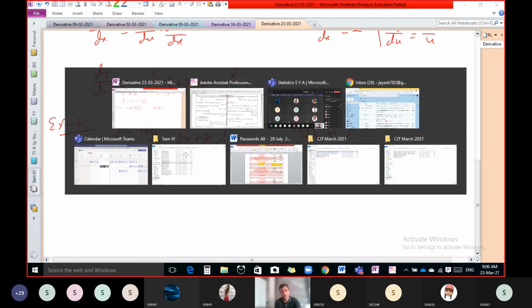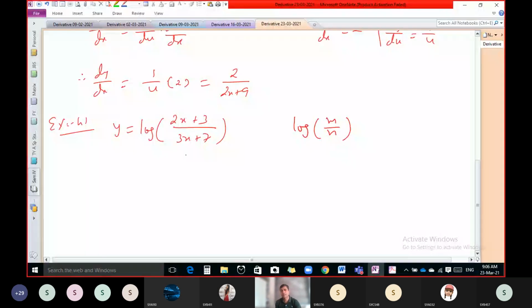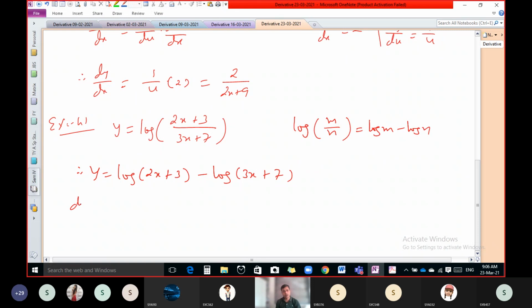What is the rule? Log m upon n is log m minus log n. Correct. So what we have to write for this? Y equal to log 2x plus 3 minus log 3x plus 7. Now simplification of log 2x plus 3 is not possible because of the plus sign. So now let us write down the direct answer for this.